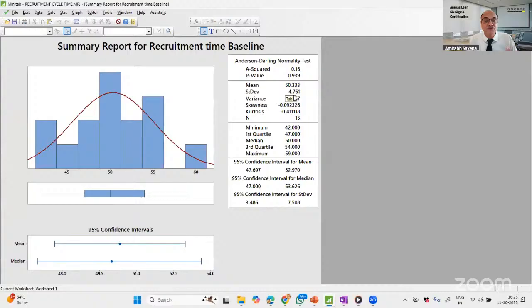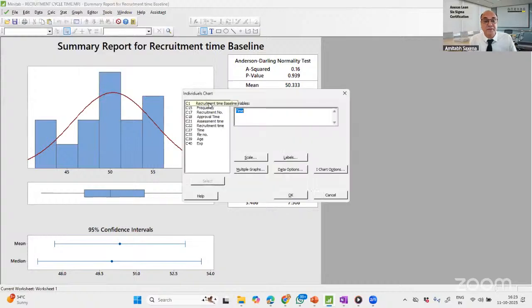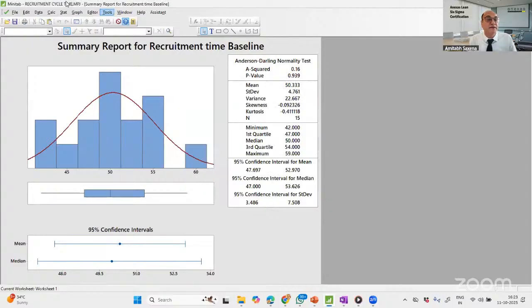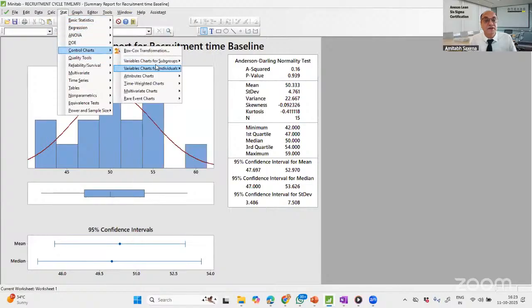Standard deviation is 5 days. How does it look in the company? Well, if I make what we call a control chart, which I am showing you, with a lower control limit and an upper control limit, so if you look at that, let me make a control chart.